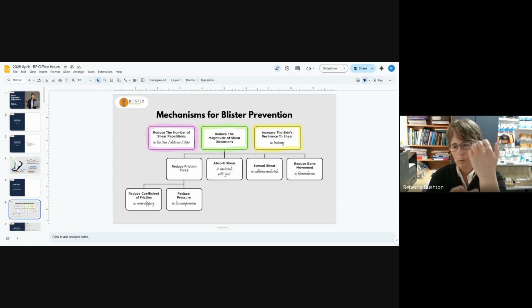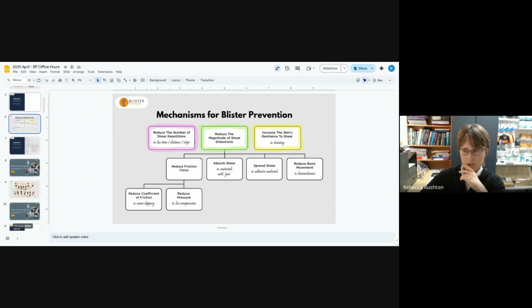And then if I put a blob of Vaseline and press really hard, what you wouldn't see are these big shear magnitudes. What you would see is my fingertip would just slip and slide far too easily over that skin, and that would reduce the magnitude of shear deformation. So I hope that makes sense. Every blister I ever look at, I've got this in my mind, and I think, how can I implement any of these?